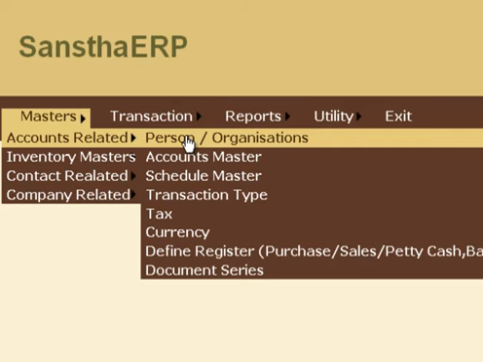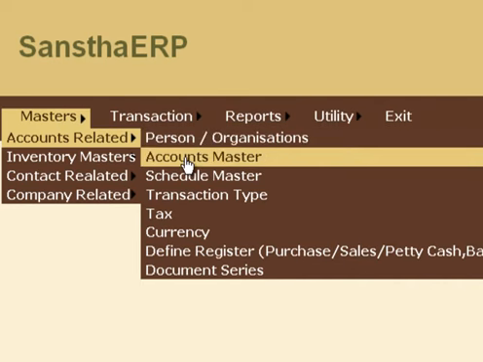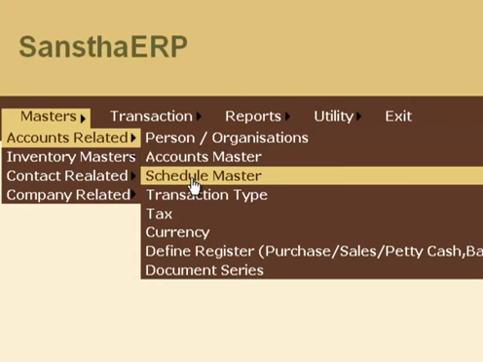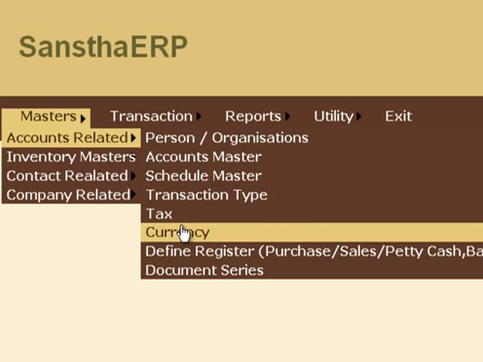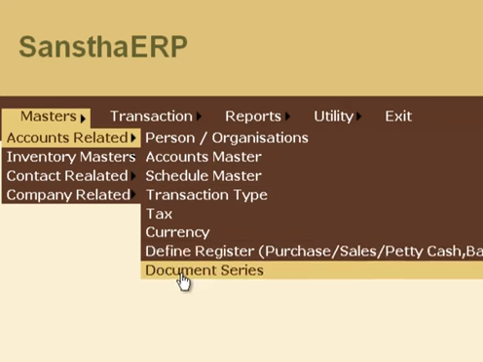In person and organization, we enter details of the person or organization. In account master, this is a very important form where we create accounts as per account type, transaction name, schedule type and enter opening balance for the same. Schedule master, transaction type, tag, currency, defined register and document series.